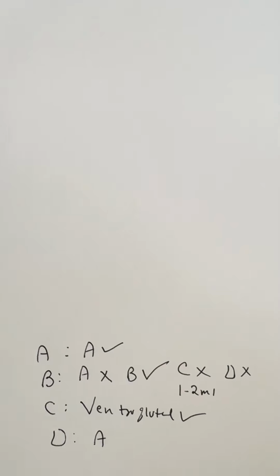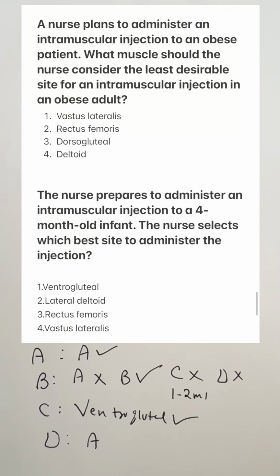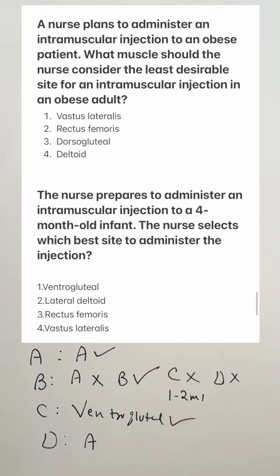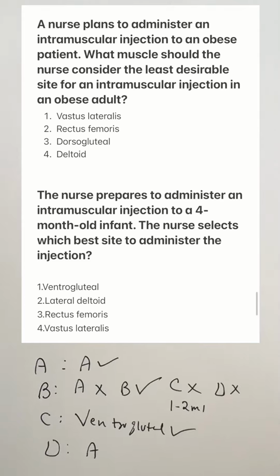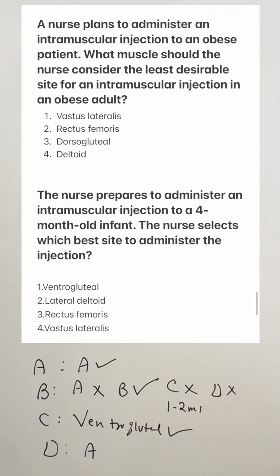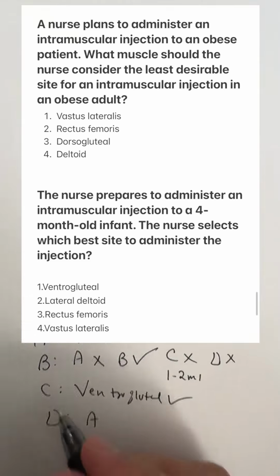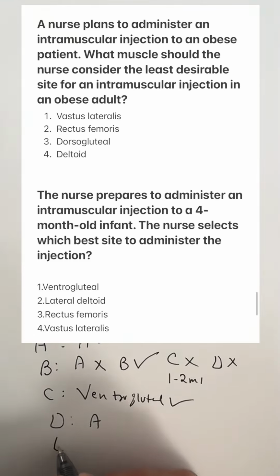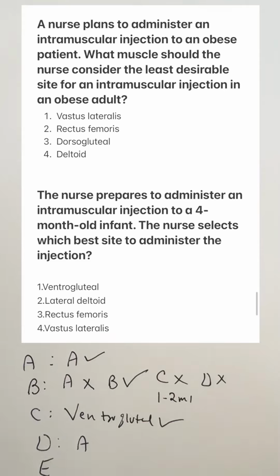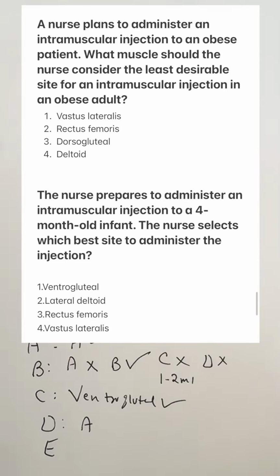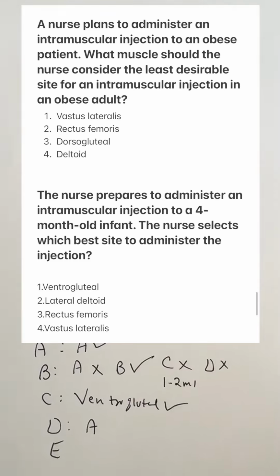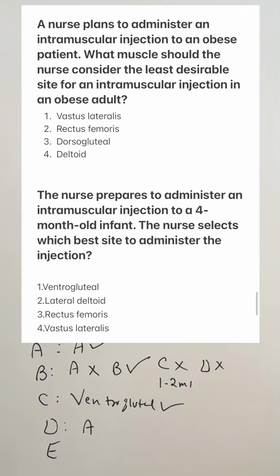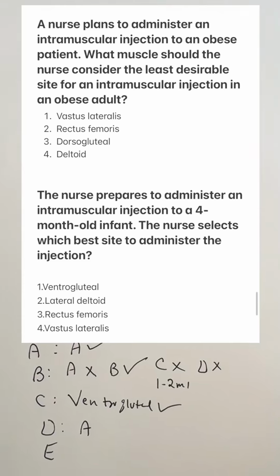Let's go to the next question. A nurse plans to administer an intramuscular injection to an obese patient. What muscle should the nurse consider the least desirable site for intramuscular injection in an obese client? You have to read the question very carefully. They are asking for the least desirable injection site. As we know, vastus lateralis is the best option. Rectus femoris we don't give there.